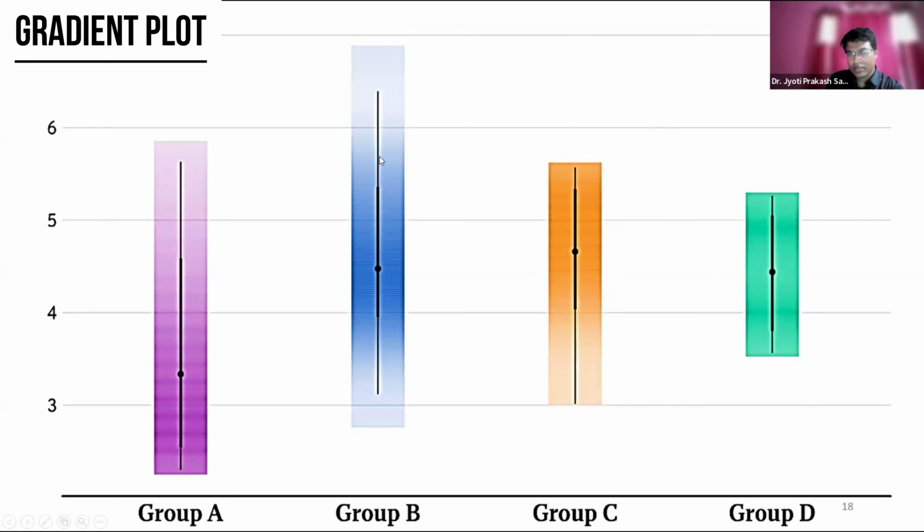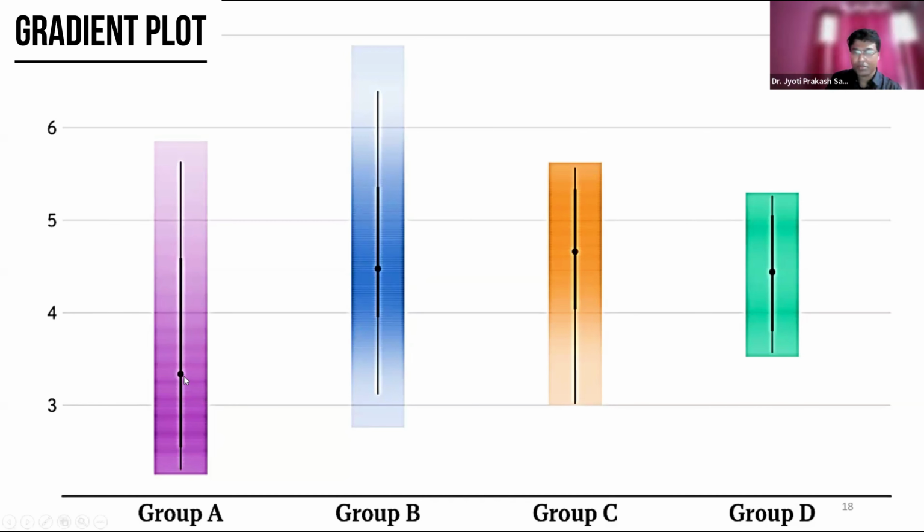And the narrower line in the upper and lower segment shows the quartiles. And in the gradient, if the values are concentrated, like in this portion as compared to the upper ones, or in this portion for group B as compared to this one, that means more values are concentrated here. Gradient plot.